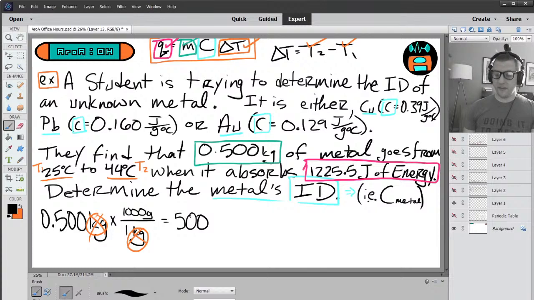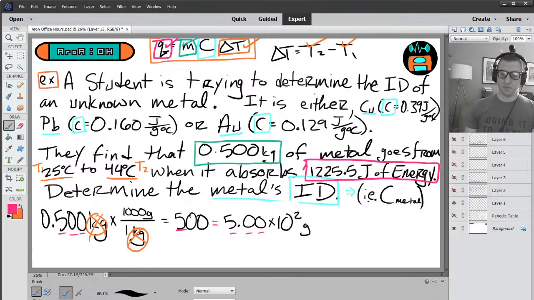The problem is 500 only has one sig fig, and 0.500 has 3. So we actually need to write our answer here in scientific notation. This would be 5.00 times 10 to the second grams, so that we have 3 sig figs preserved.